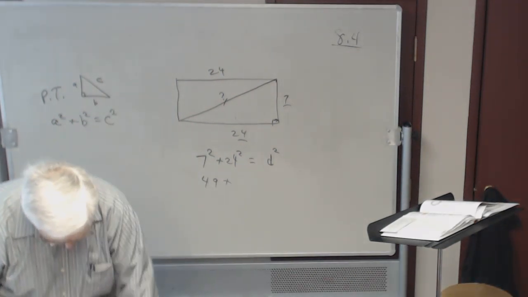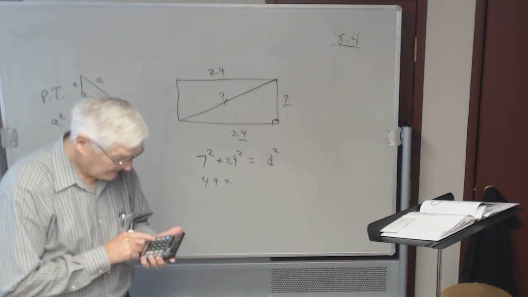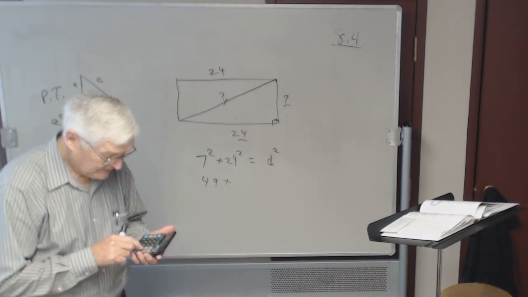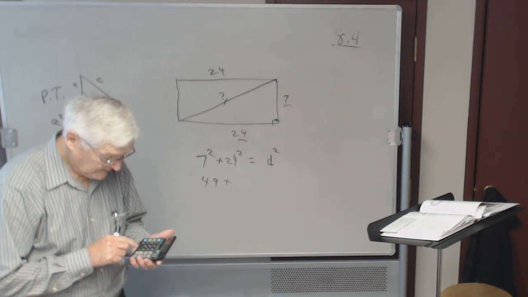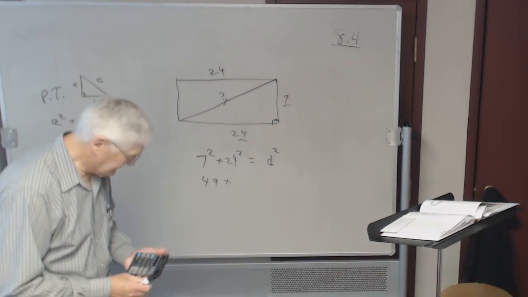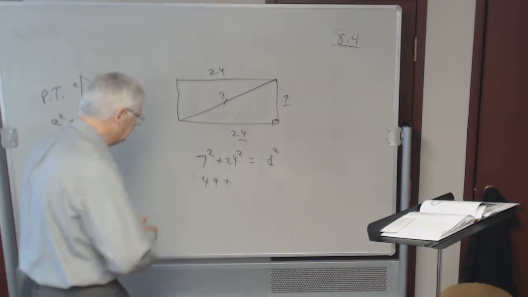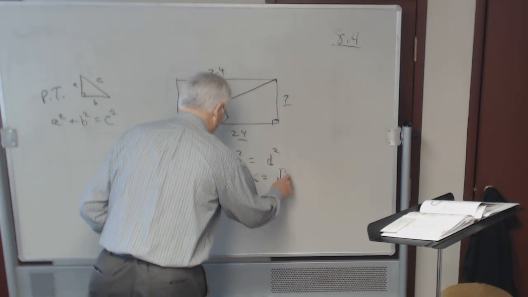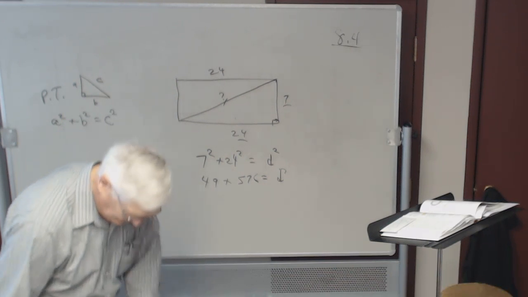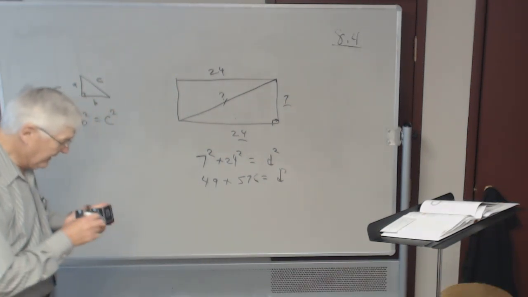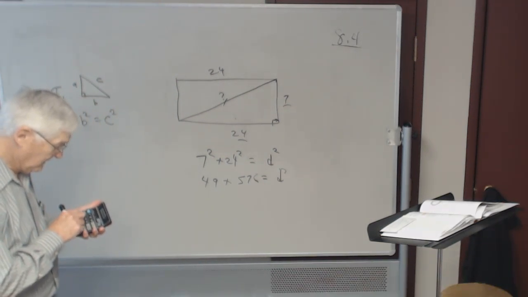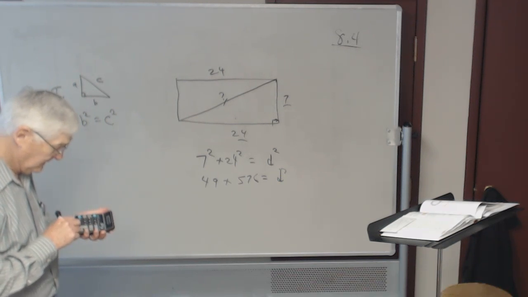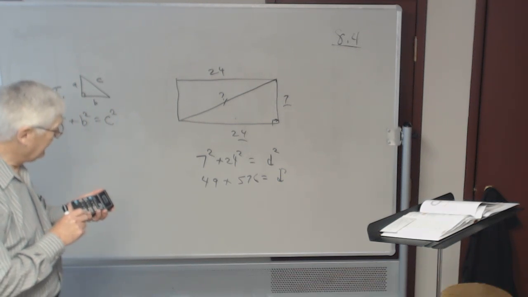I don't have that off the top of my head. 24 times 24. 576 equals D squared. So what's 576 plus 49? 625.